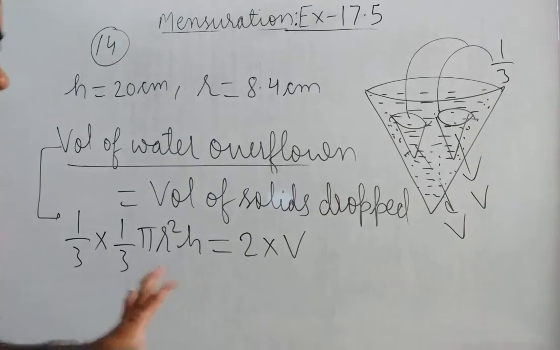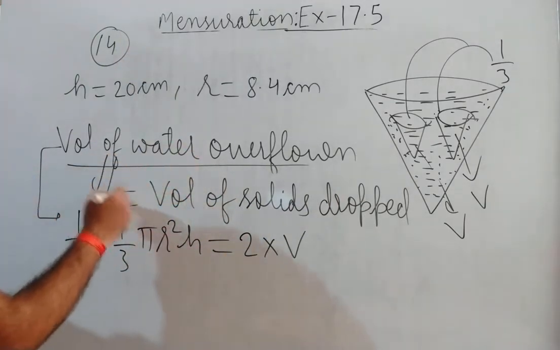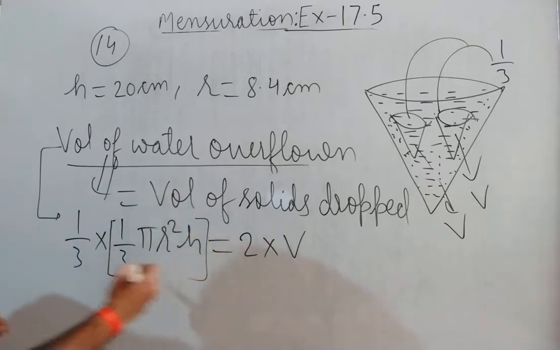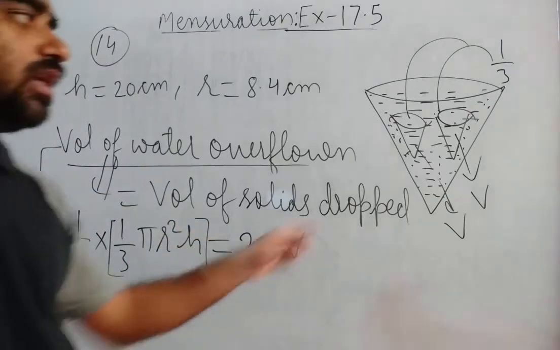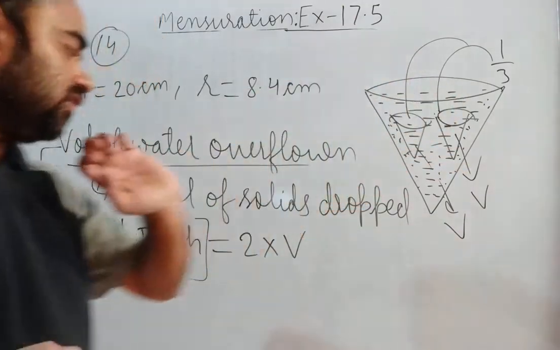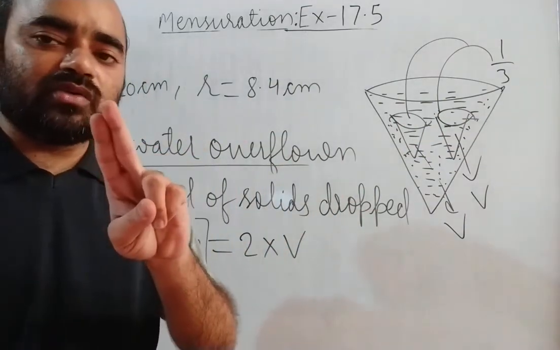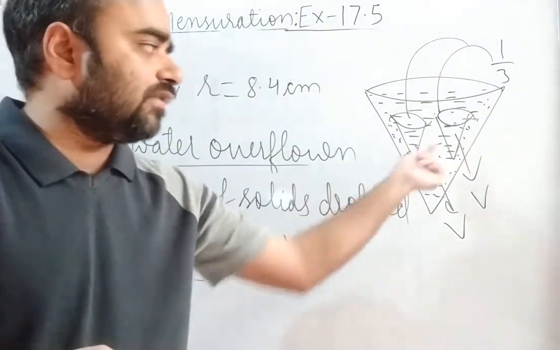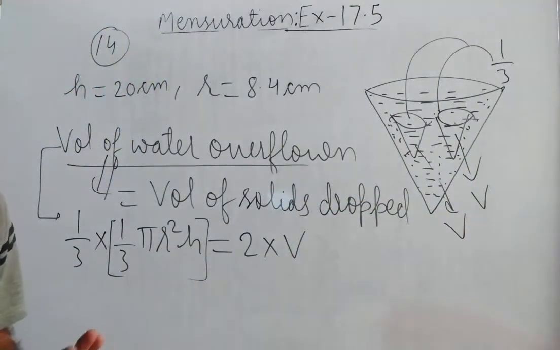For the volume of water overflown, it is given 1/3 of the water in the original cone. The amount of water in the original cone is the capacity of the cone, 1/3 pi r square h. And the volume of solids dropped: two equal solid cones, for each we have taken volume as V, so this will be 2V. Now we have to find V. Understood?